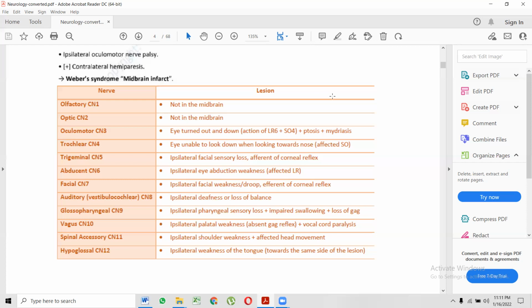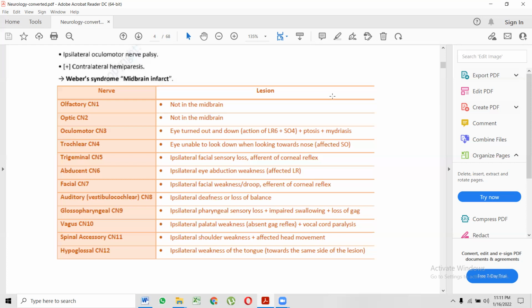So a down and out eye, plus ptosis, because the levator palpebrae superioris is also supplied by the oculomotor nerve. In case of damage to the oculomotor nerve, there will be ptosis, or drooping of the upper eyelid, and the parasympathetic supply is also damaged.